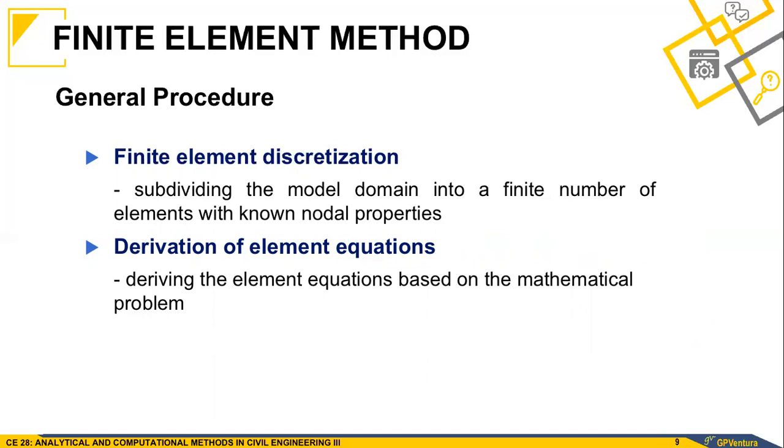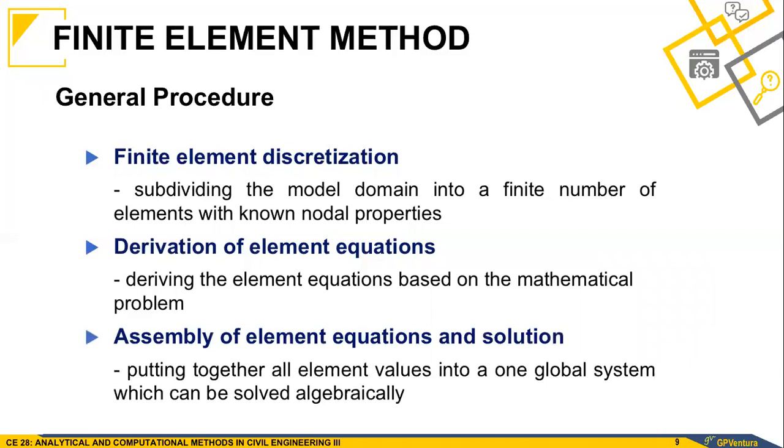Once we have solved the equations governing the different elements, we now assemble all these small elements, put them back together to form the original figure, the original model, in order for us to get the solution of the entire problem. Okay?